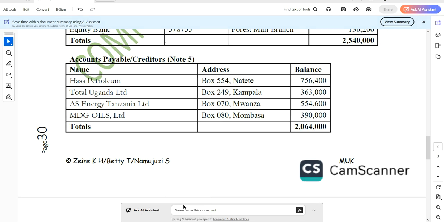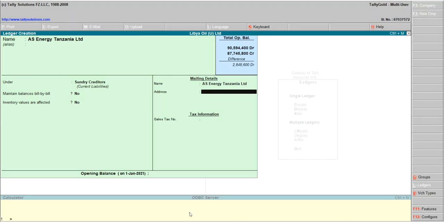Address is given as box 070 Mwanza. Opening balance 554,600. Credit. Enter. Accept. Then last you have MDG Oils Limited.